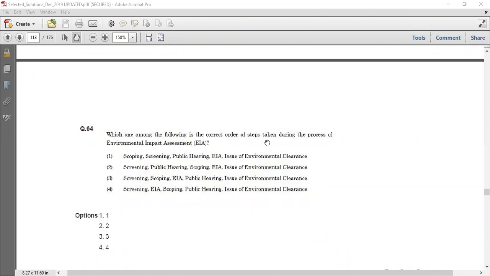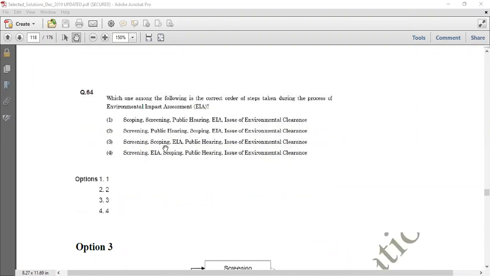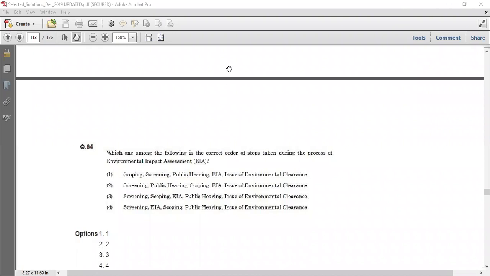It's a very simple question. This question has been asked multiple times. Question number 64, right? The question says, which among the following is the correct order of steps taken during the process of environmental impact assessment?